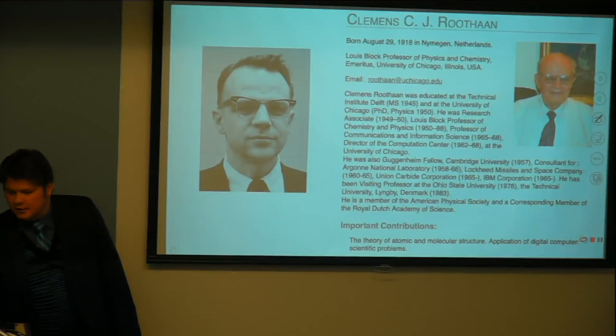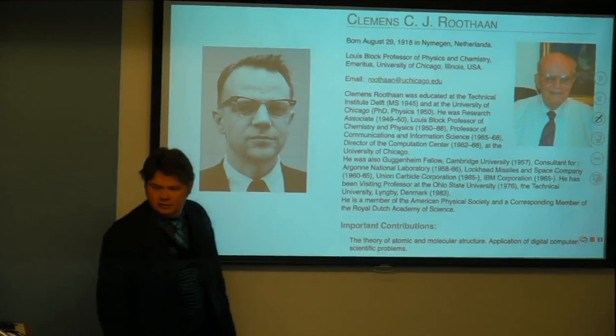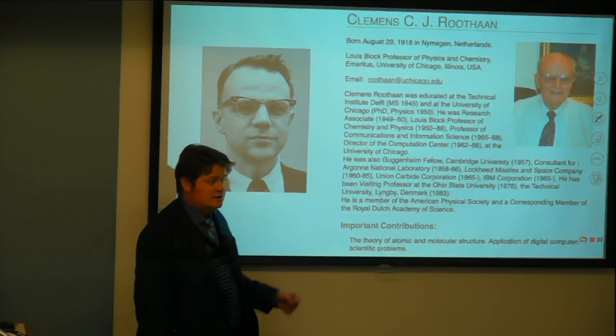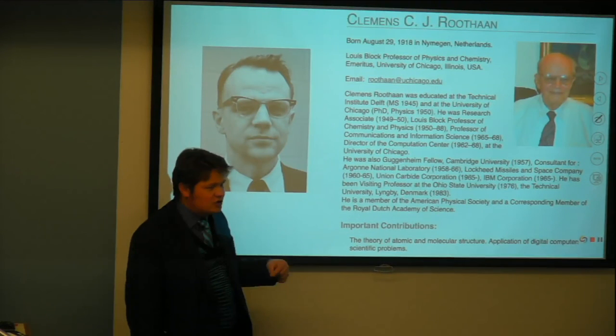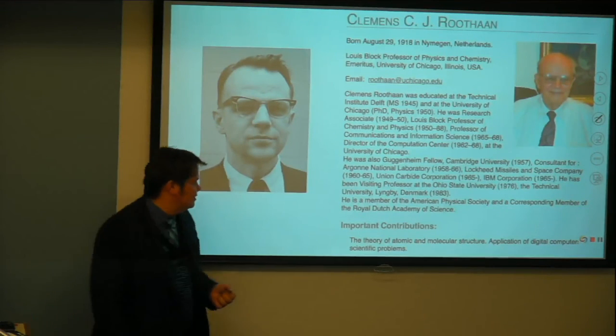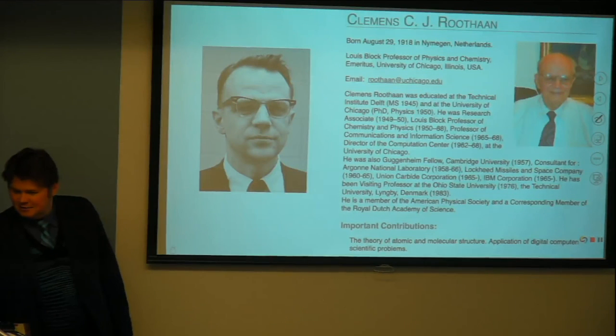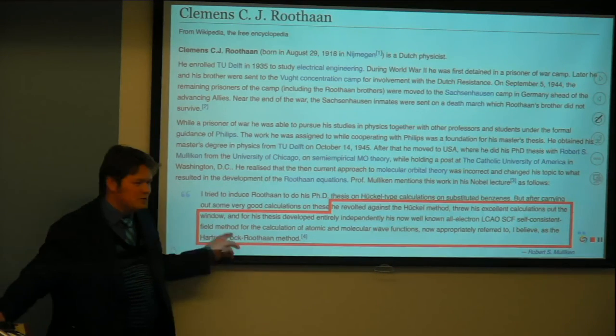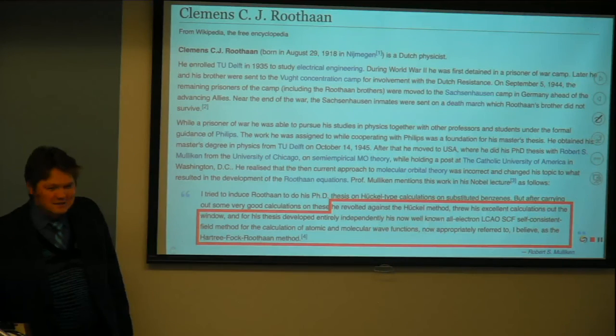And by the way, I want to give credit to Professor Roothaan, who designed this conversion of Hartree-Fock abstract theory into an equation that can be solved on the computer. And Wikipedia tells that he got his inspiration while sitting in the opera, listening to music.